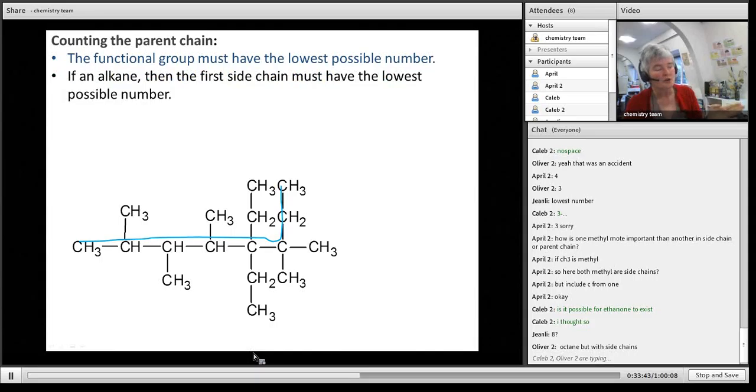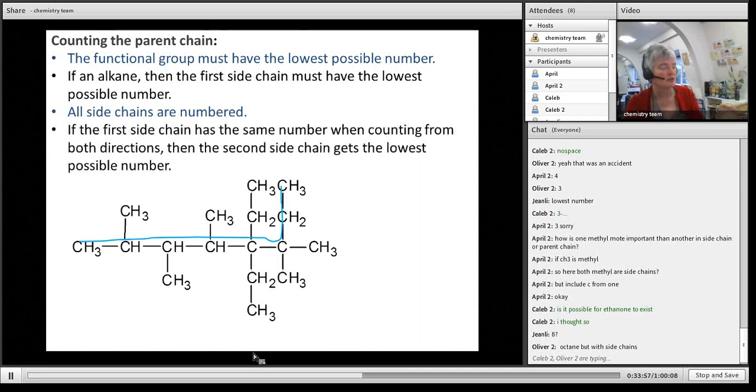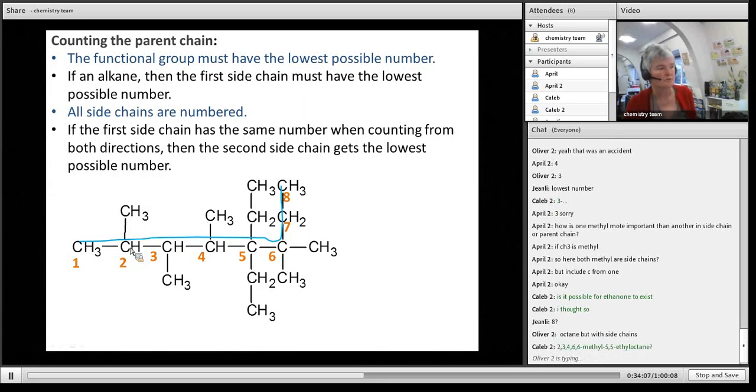Once we start numbering, we look for the functional group. If there's none, we look for the side chains. So the first side chain must be the lowest. So if I circle them now, if I go here and count that way, I've got a methyl group on this carbon. So it means on the second one.